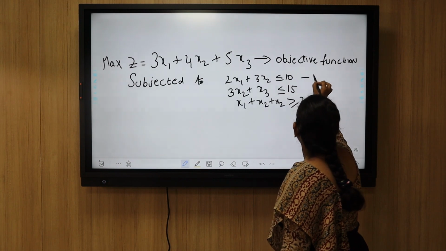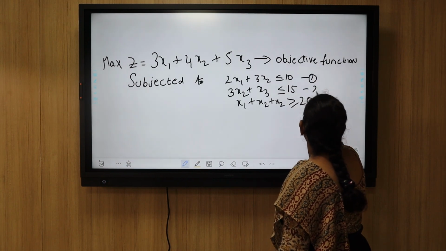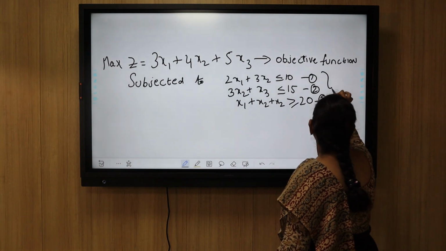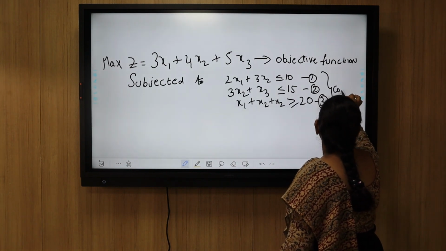These three are considered as constraints.